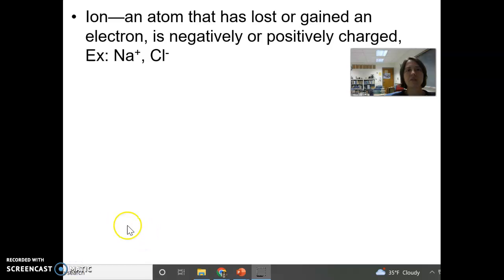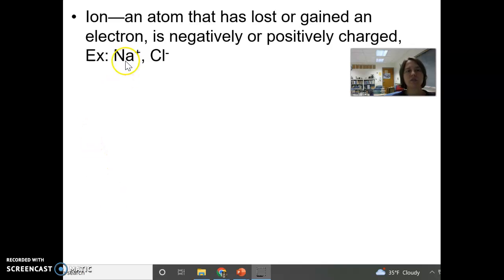Okay, please write this down. We were talking about making charged particles, making positives and negatives, and forming ionic bonds. Well, that means an ion would be involved. An ion is an atom that has lost or gained an electron. An ion is going to be negatively or positively charged.